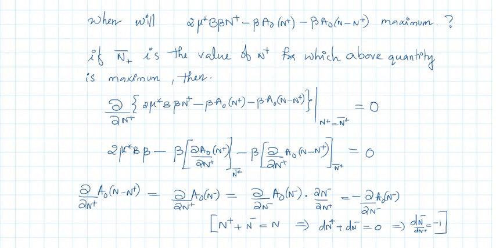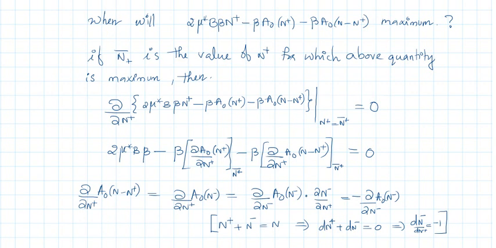That should be 0. Then you will get this as dou by dou n plus of a0 of n plus, and in this consider the last term, dou by dou n plus of a0 of n minus n plus. This is dou by dou n plus of a0 of n minus.